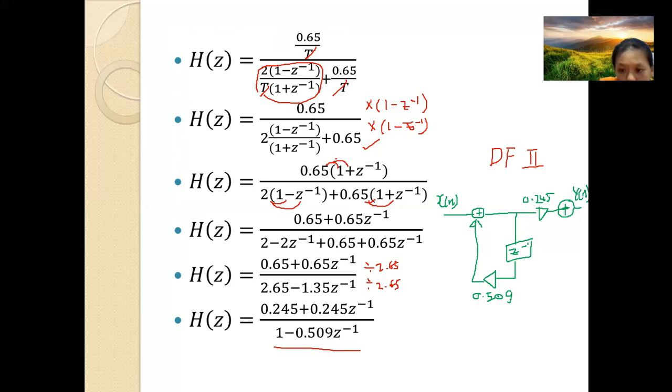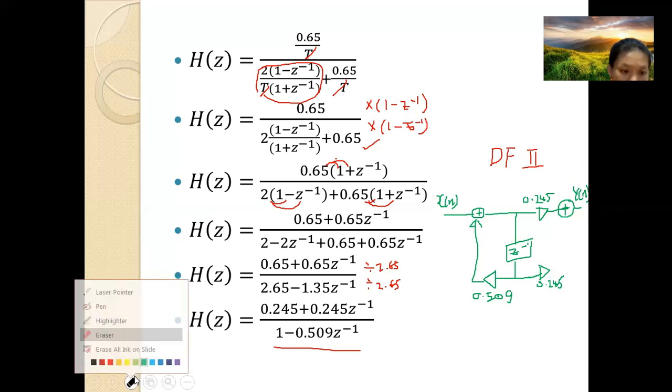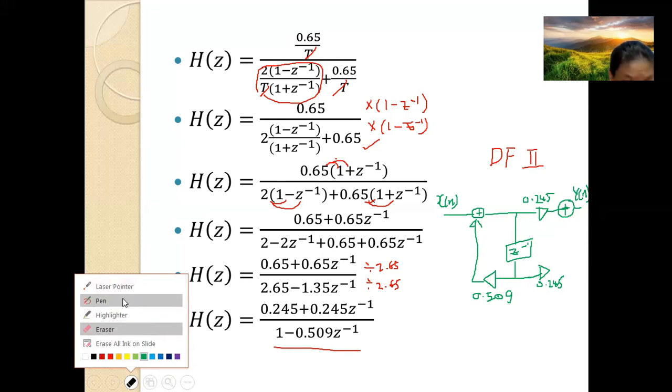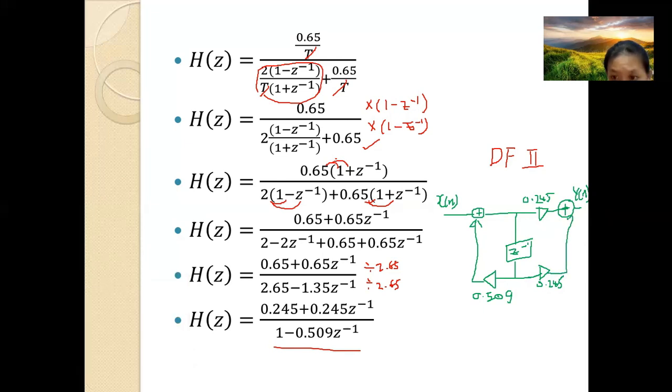So here we will have another z minus 1 multiplied with our 0.245, and then we sum up. That's simple. Done for our realization part.